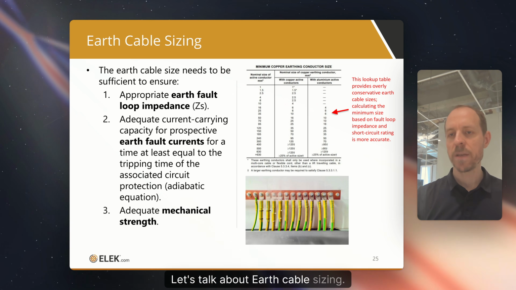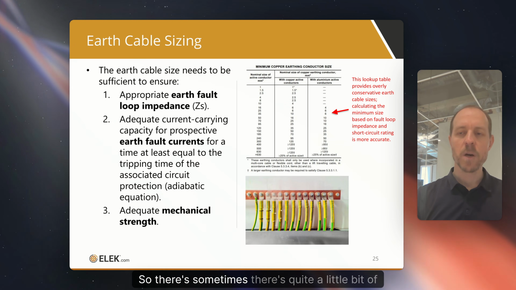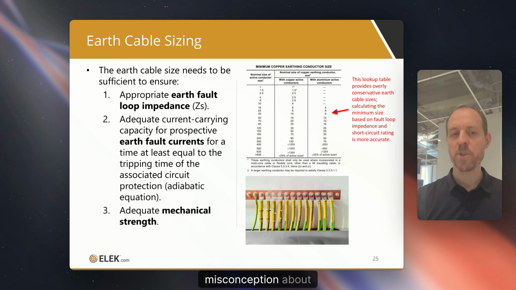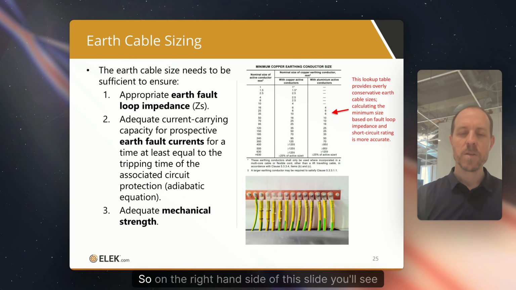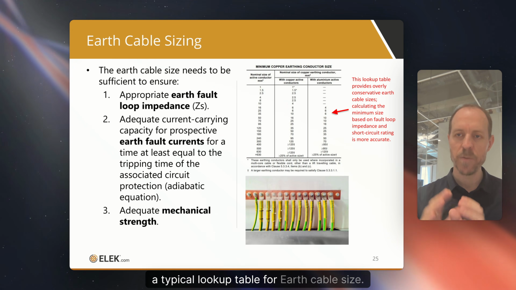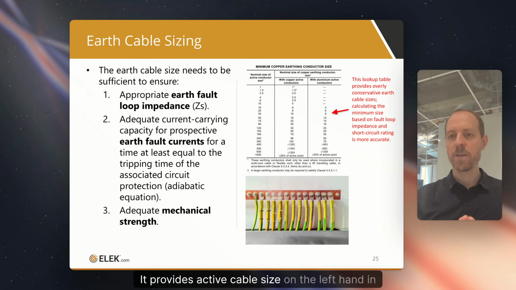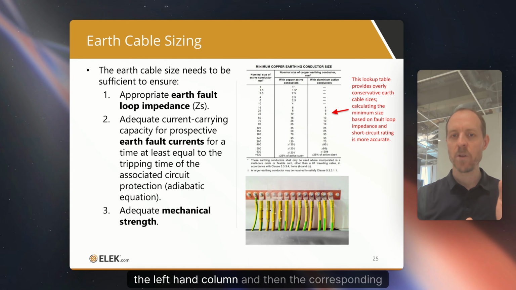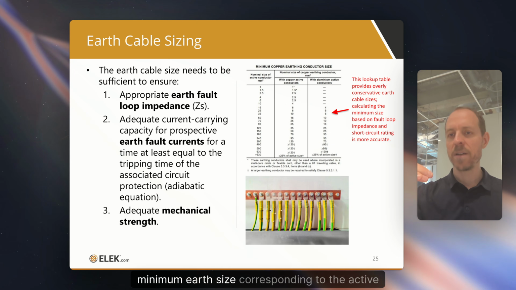Let's talk about earth cable sizing. There's quite a little bit of misconception about minimum earth cable size. On the right-hand side of this slide, you'll see a typical lookup table for earth cable size. It provides active cable size in the left-hand column, and then the corresponding minimum earth size.